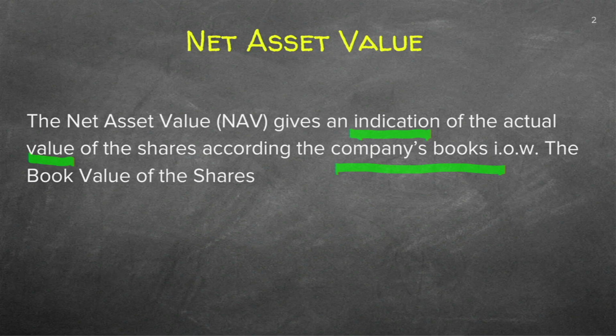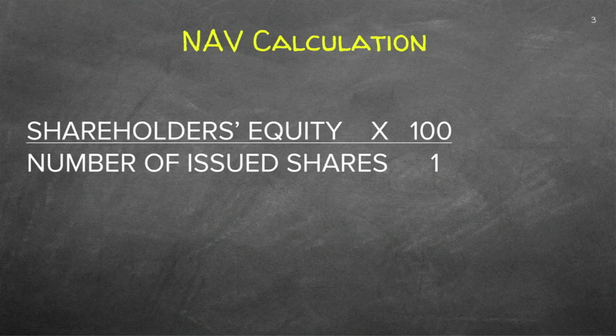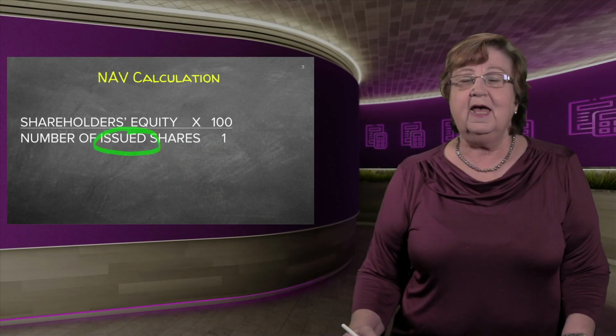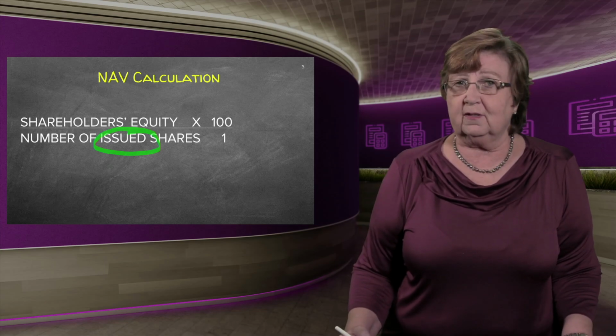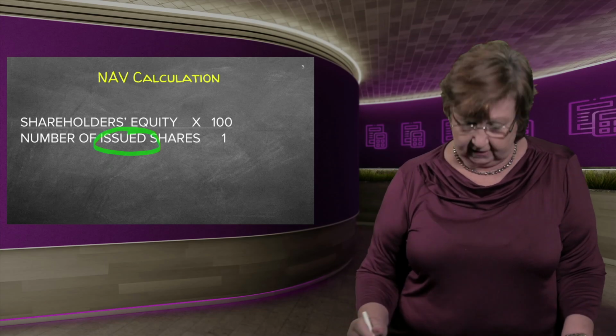In other words, what is the book value of the shares that have been issued? The formula we're going to use to explain this is shareholders' equity multiplied by 100 divided by the number of issued shares. Please, it has to be the issued shares. You cannot use the authorized shares because we can't do a calculation on shares which we have not yet issued.